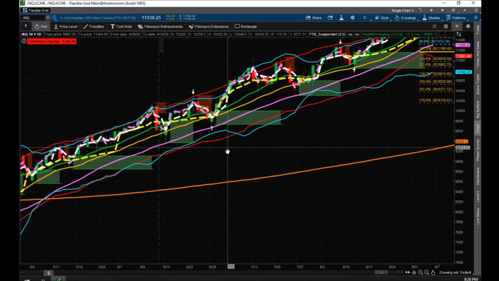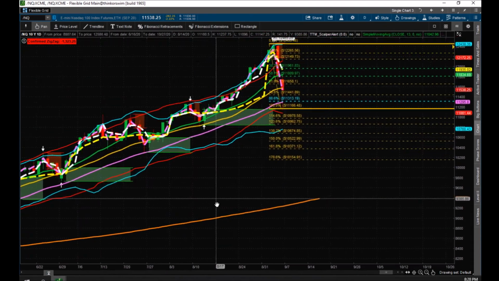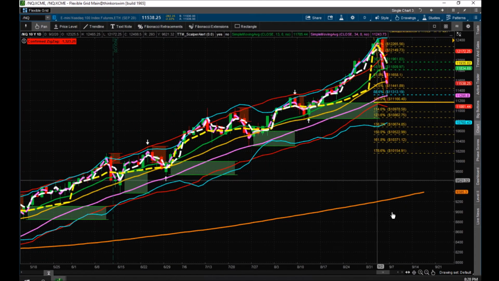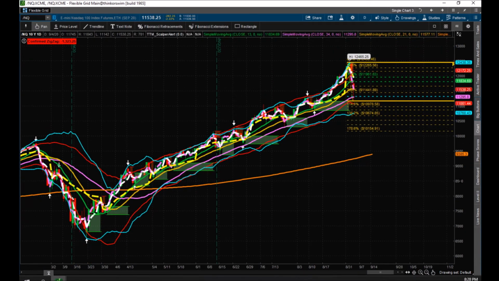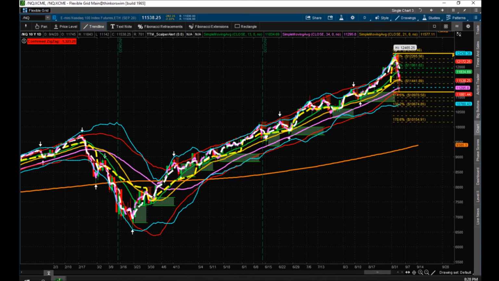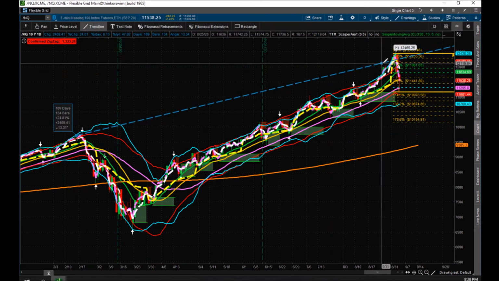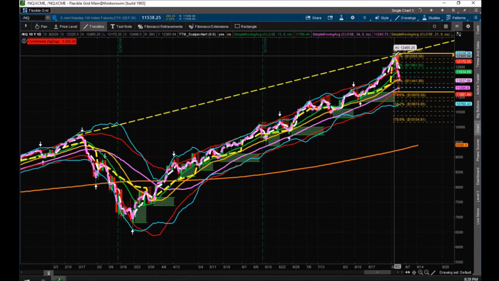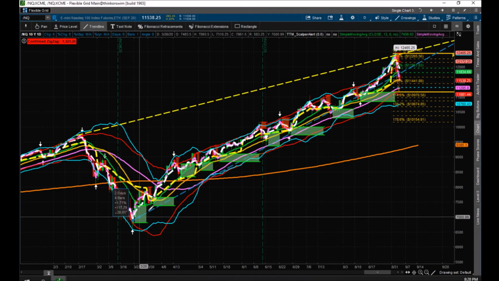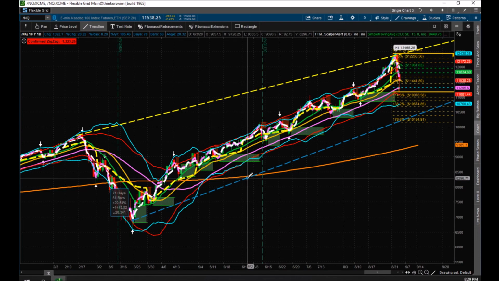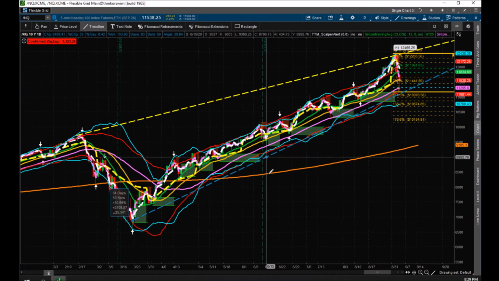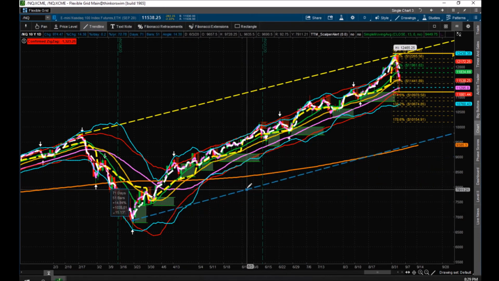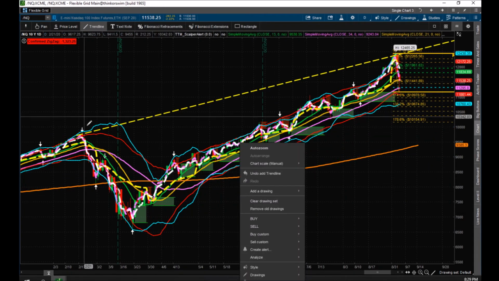In another group, they say it's like a megaphone pattern. I don't even know what a megaphone looks like, but they drew something like a megaphone.